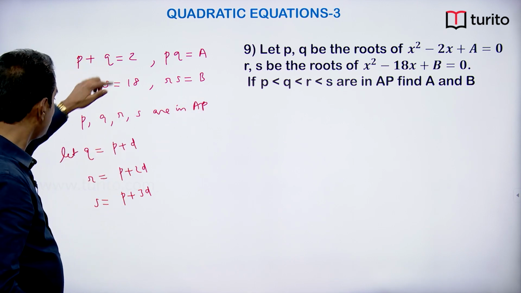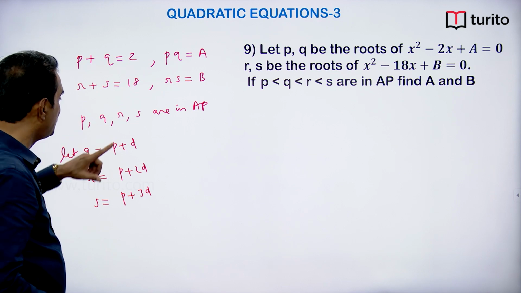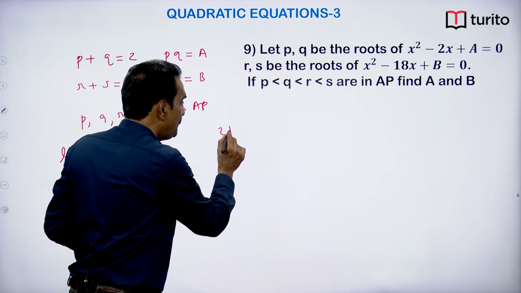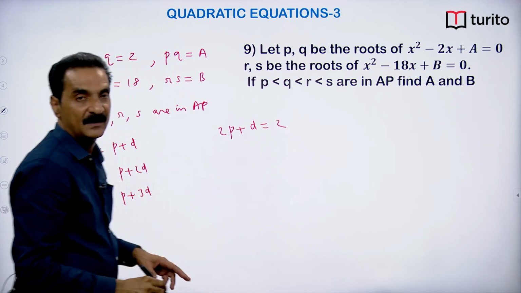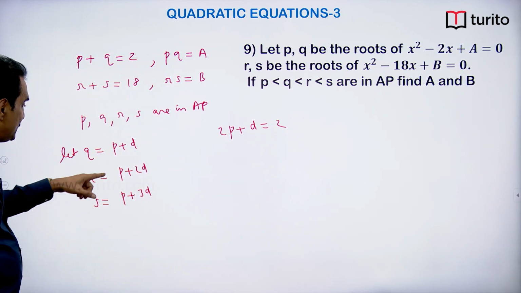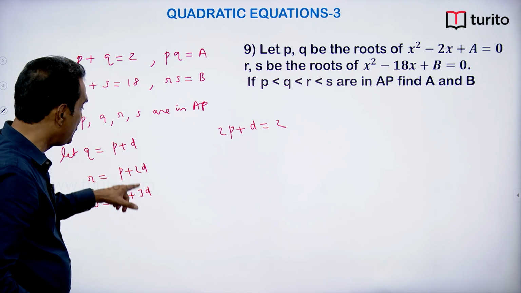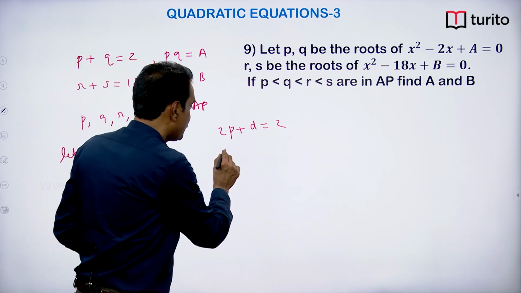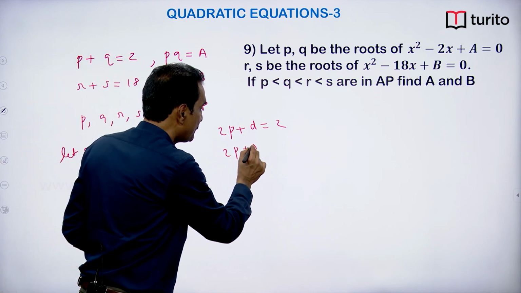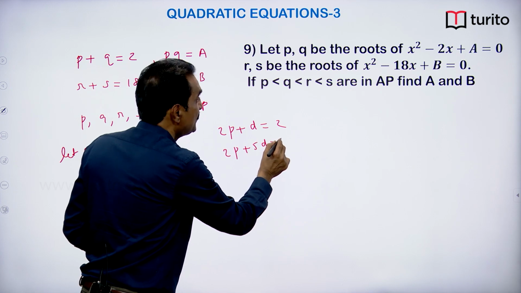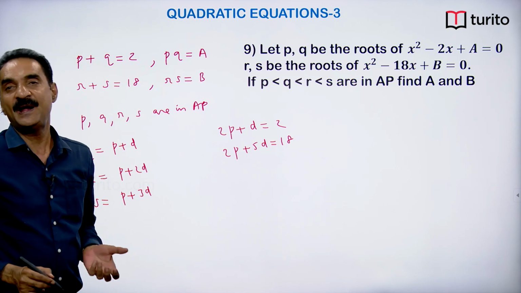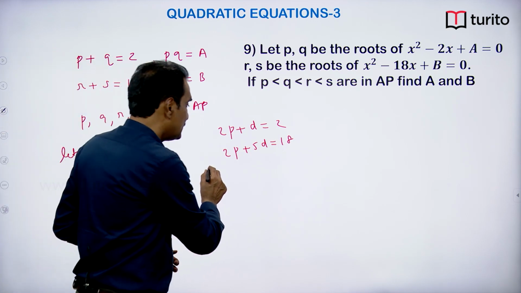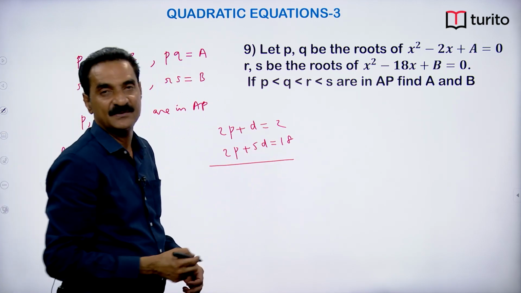Now, P plus Q means P plus P plus D, 2P plus D is how much? 2. R plus S, this plus this is 2P plus 5D is equal to 18. We can find P and D by direct subtraction, this minus this.